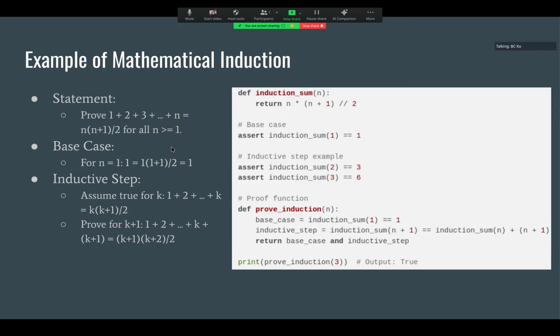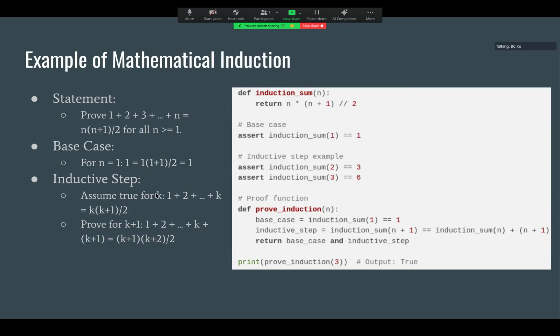So for the base case, we check n equals 1. We can see that by replacing n with 1, this holds true. And for the inductive step, assume that the statement is true for n equals k.